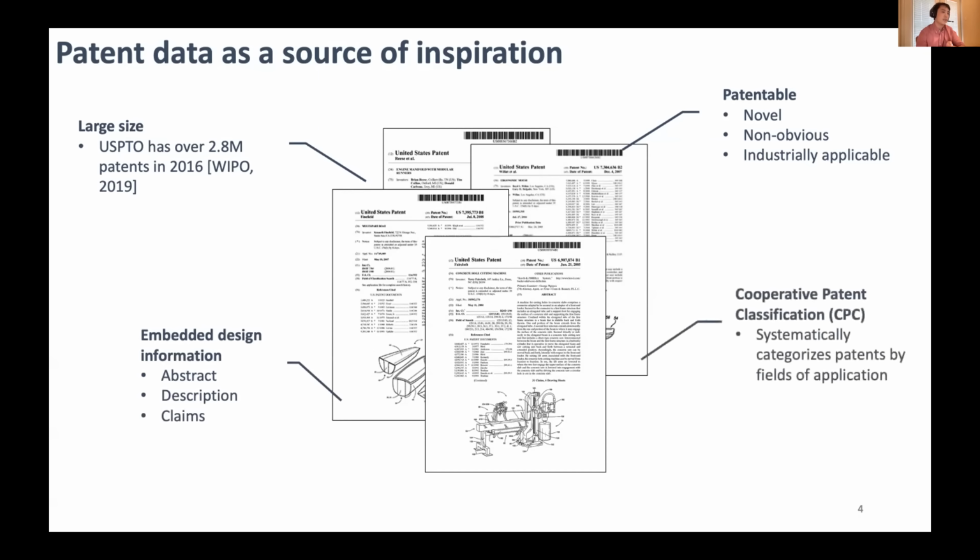And it uses a standard classification system, one of which is called CPC, that systematically categorizes patents by their fields of application. For these reasons, the patent database is not only an attractive source of innovation, but also an efficient means for retrieving analogies.